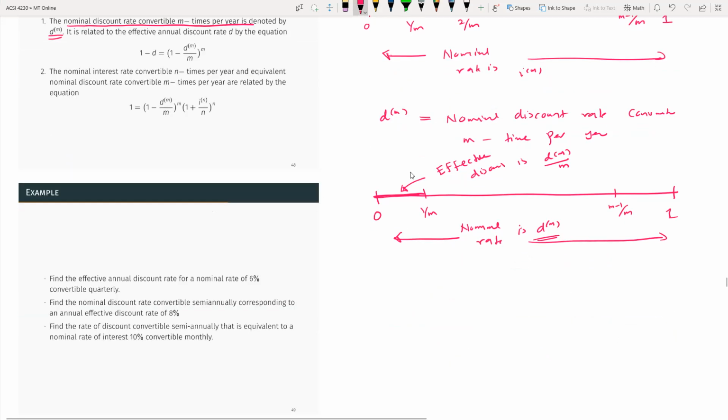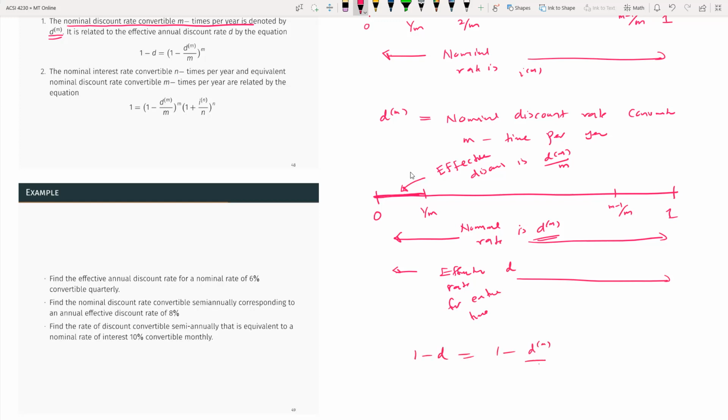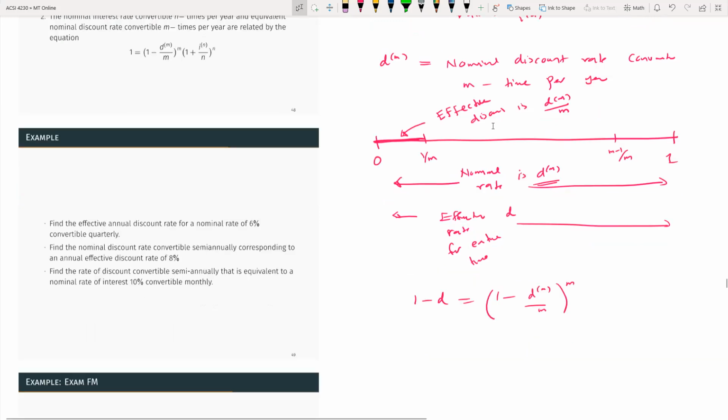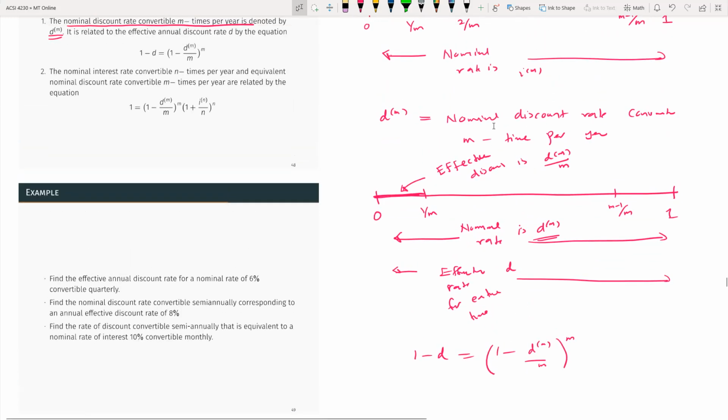So then how do you get the effective discount rate for the entire time interval? The question would be, the effective rate for the entire time is D. So here is the equation: 1 minus D equals (1 minus D^(M)/M) to the power M. Next we can use one of the formulas we learned earlier.